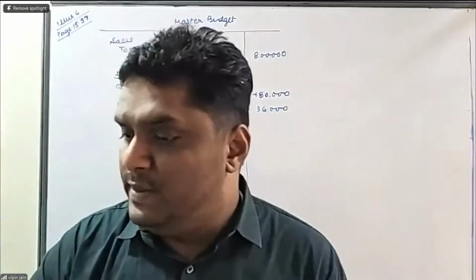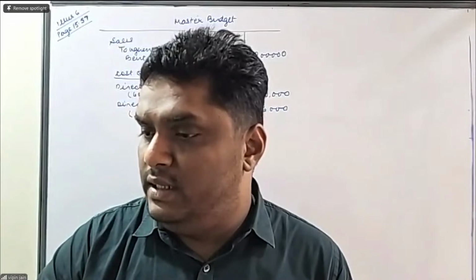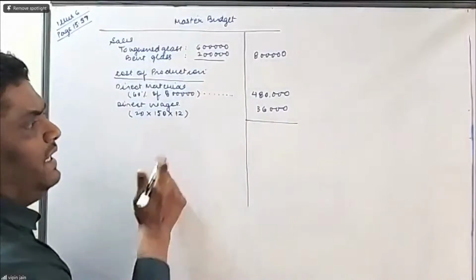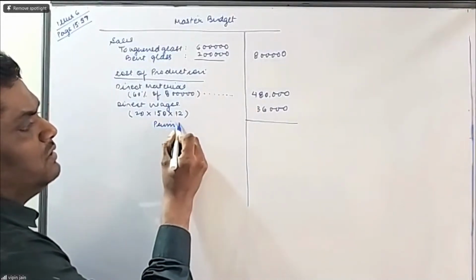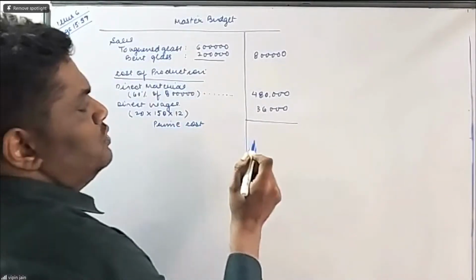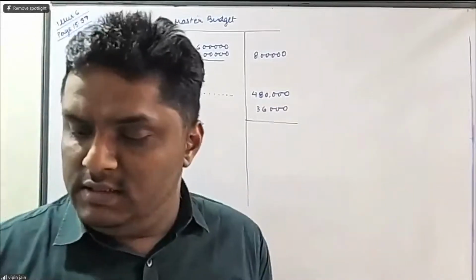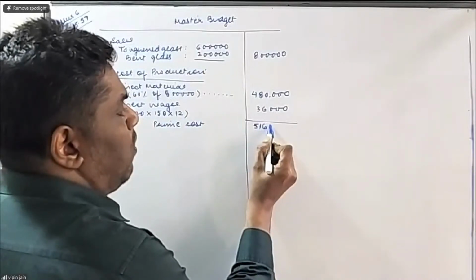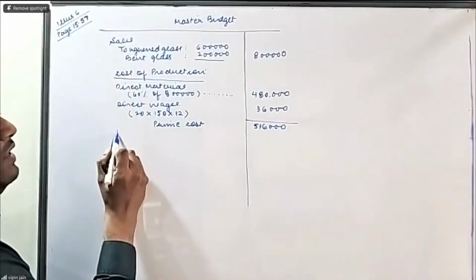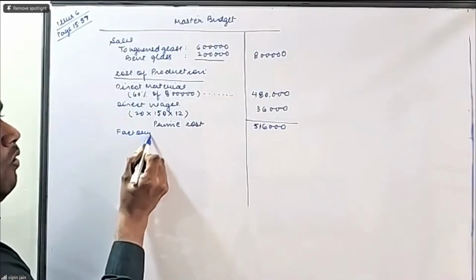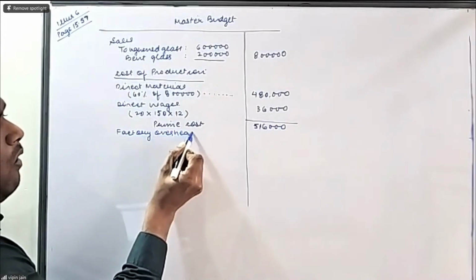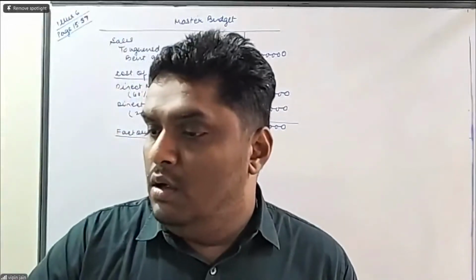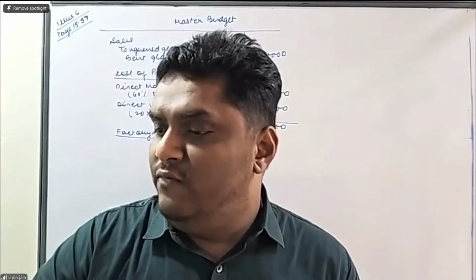Are there any direct expenses? No, there are no direct expenses, I think. So we'll get the prime cost. Direct material plus direct labor, we call this term prime cost. So this will be 480 plus 36, 5,16,000. In this, we will add all the factory overhead. So indirect labor, work manager and foreman salary we have.